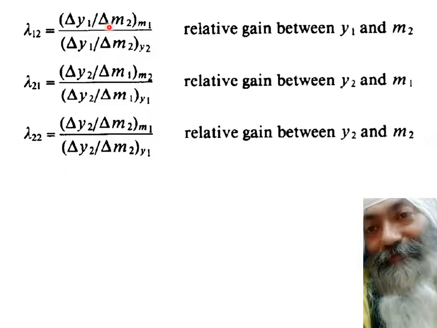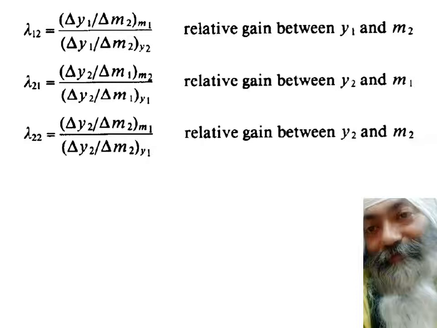So we are using the same notation, and therefore we call it lambda 1 2 for output 1 and input 2. Similarly, if output is 2 and input is 1, it will be called lambda 2 1. And in case output is 2 and input is 2, we will be calling it lambda 2 2. That is the relative gain between y2 and m2.